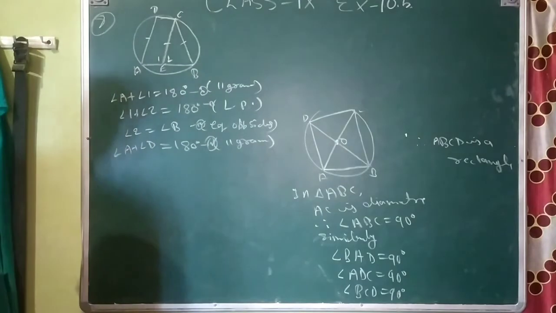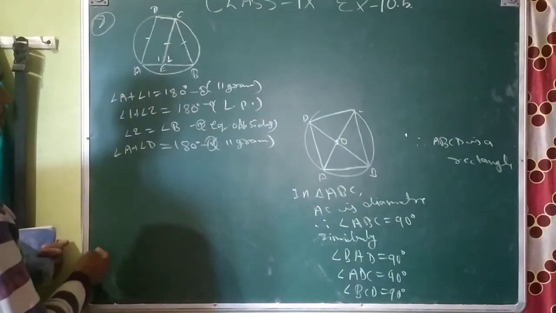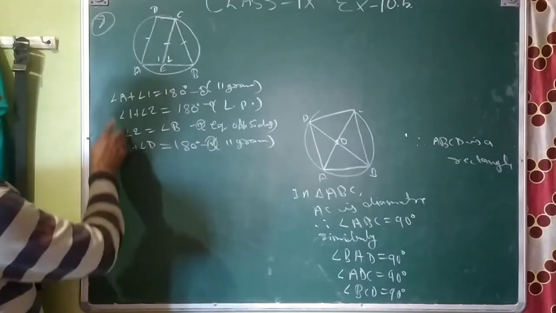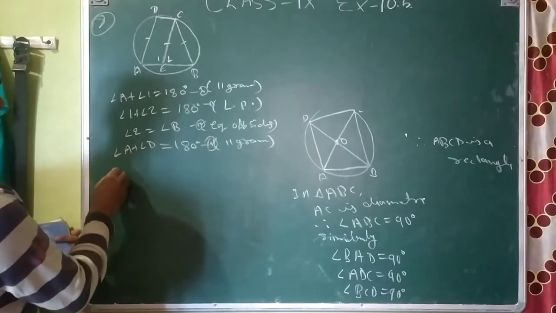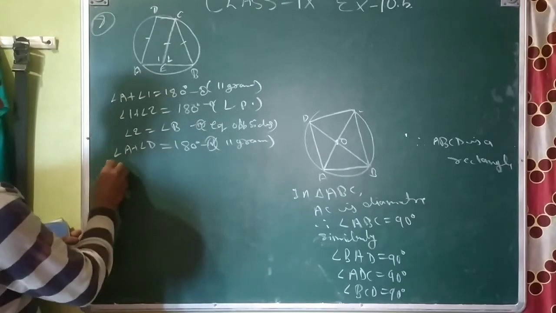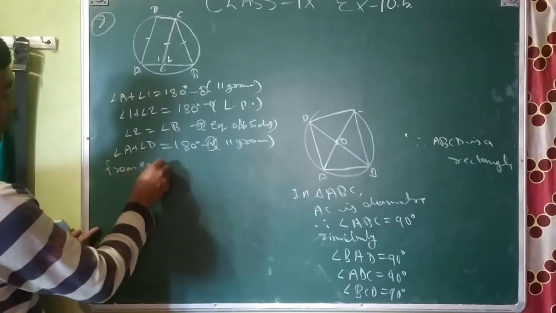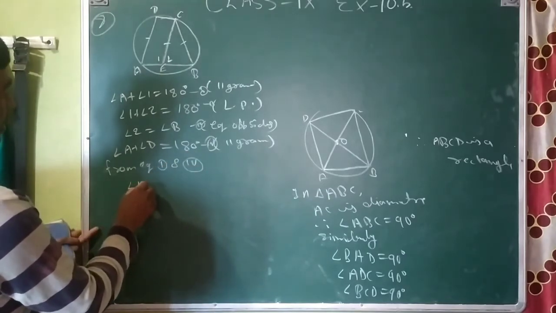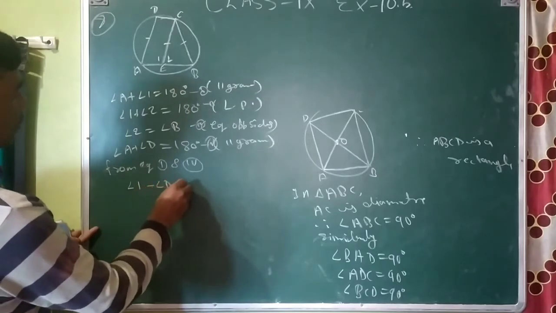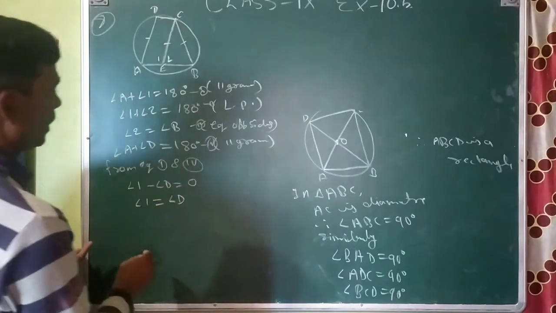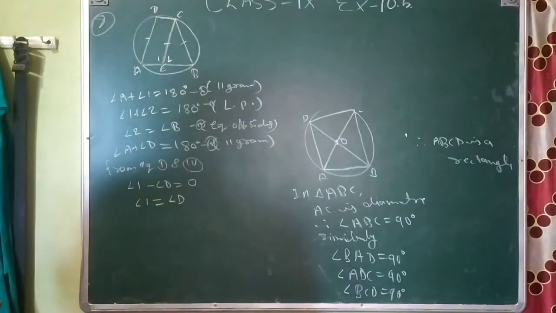By these equations, angle A cancels angle A, so from equations first and fourth, angle 1 minus angle D is equal to 0 degrees. So angle 1 is equal to angle D.